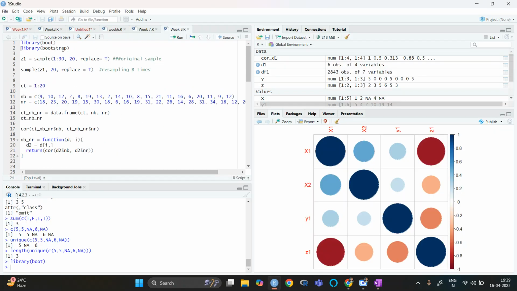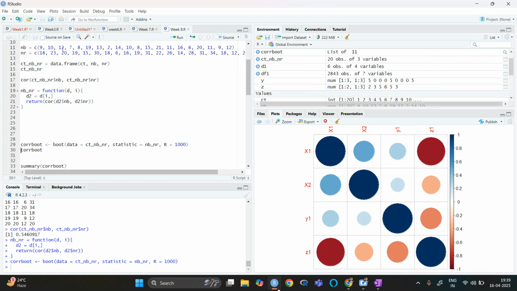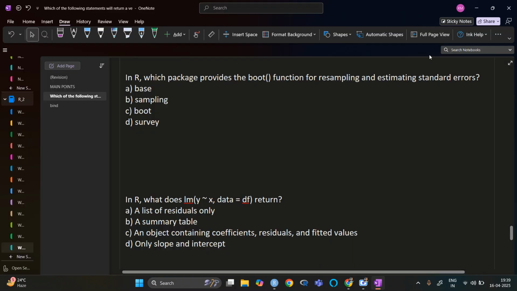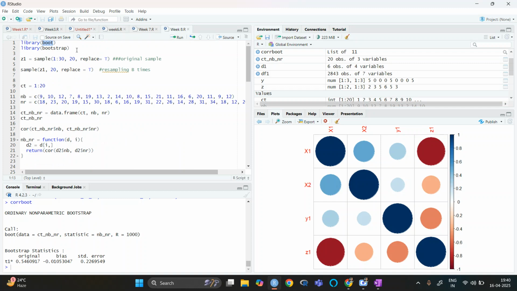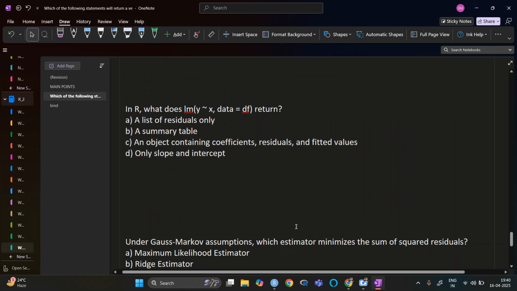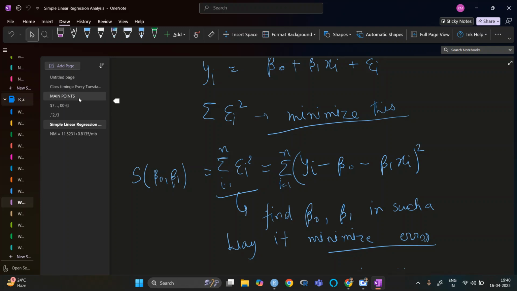If I just run this command, this boot package gives me the standard error, etc. So this boot package will help us in estimating the standard error. Now this boot function comes from the library boot. So it is regarding the bootstrap.